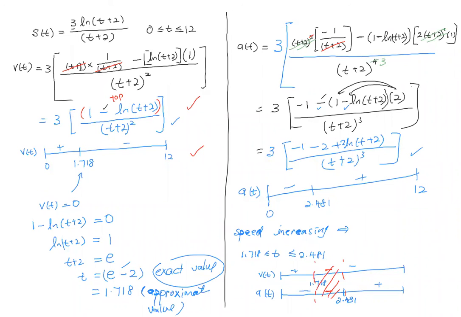Miss, for the a(t) sign diagram, if the sign is negative, does it mean that it is decelerating? Yeah, it's decelerating. You are right. But decelerating doesn't necessarily mean what you think.